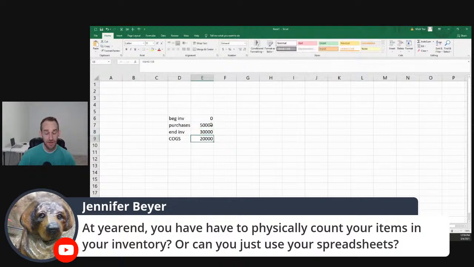I'll say, great. I'll do a journal entry to reflect the increase in cost of goods sold and the decrease in inventory to get me to that balance. And that's how he does it. I hope to redo this module after tax season, and I think I'll add this in there.